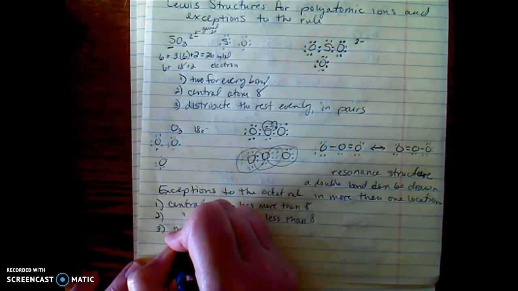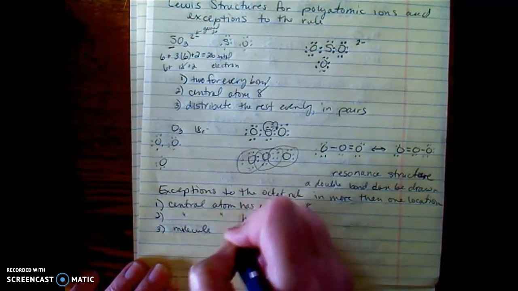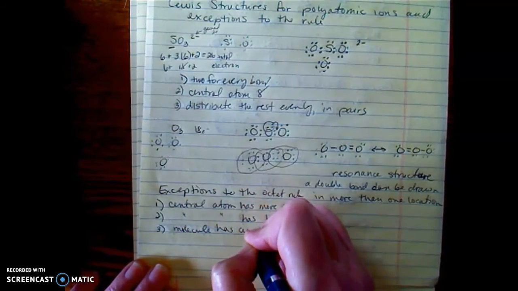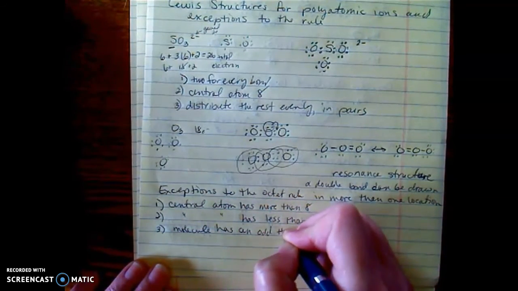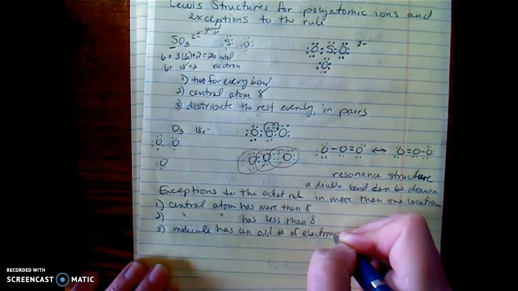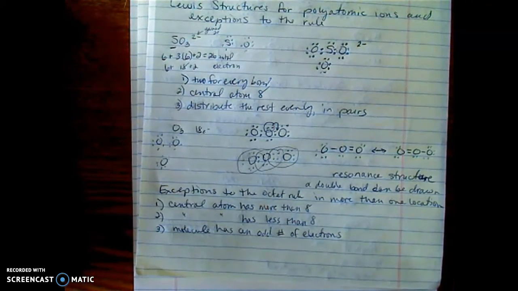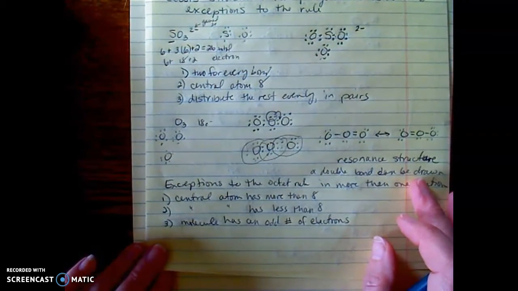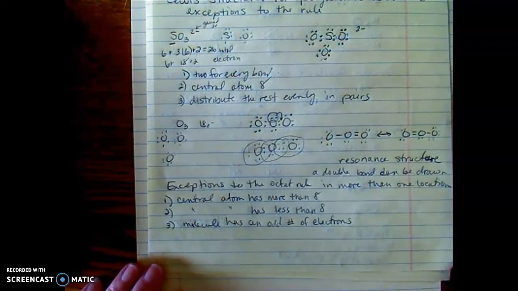Or 3, the molecule has an odd number of electrons. All right, let's take a look at a couple different examples.